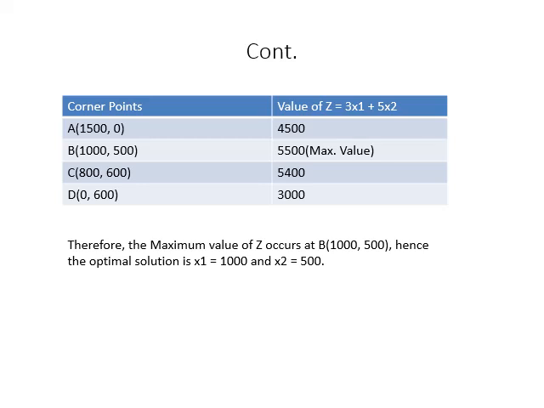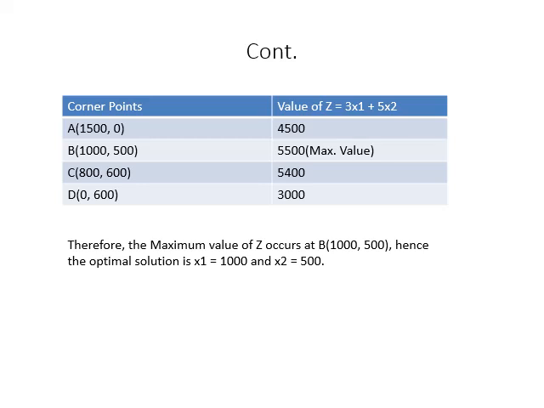The result is 5400. The last corner point D, where x1 equal 0 and x2 equals 600: z equal 5 times 600 equal 3000.